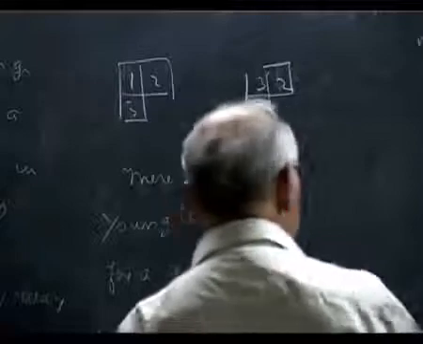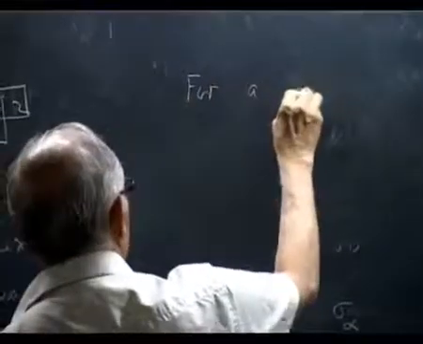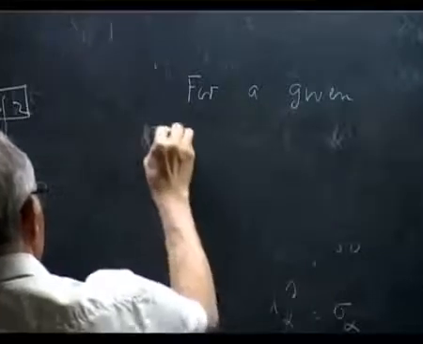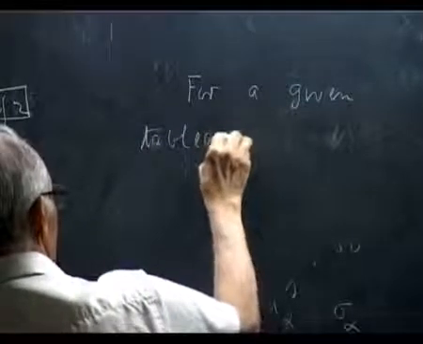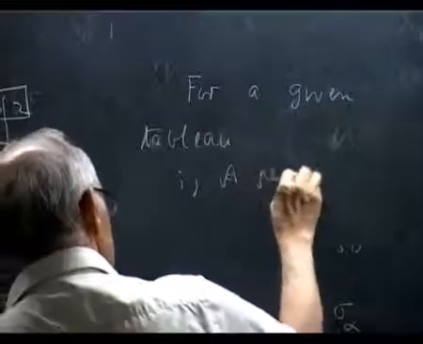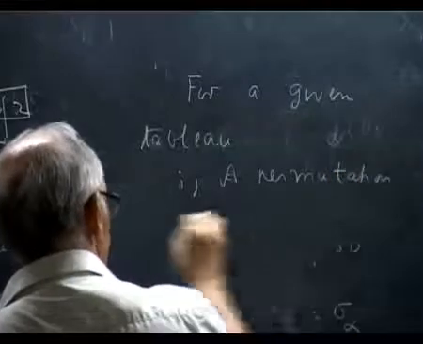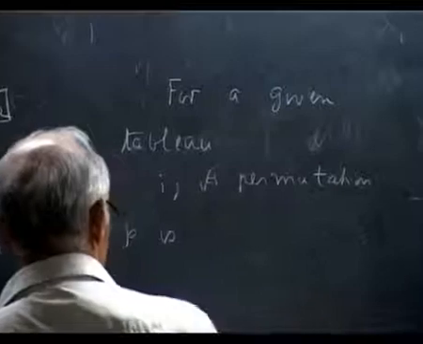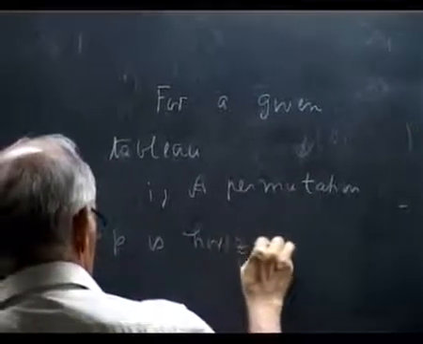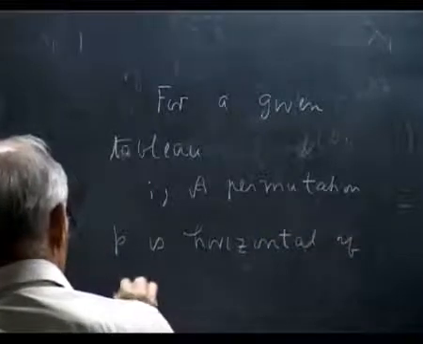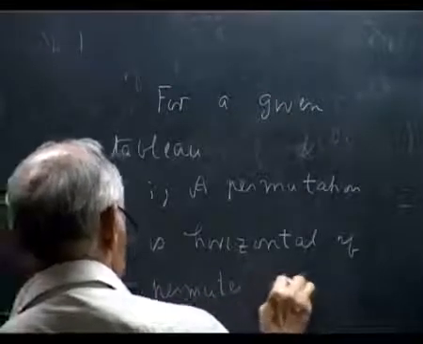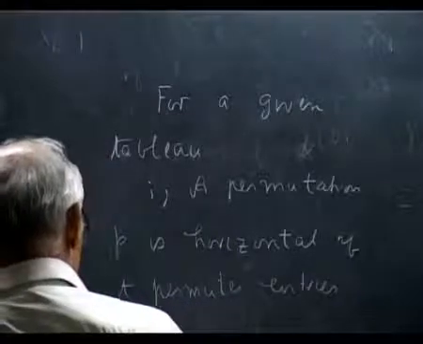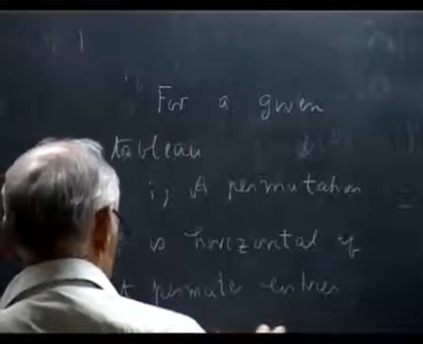Now, for a given tableau, a permutation P is horizontal if it permutes entries along only rows.